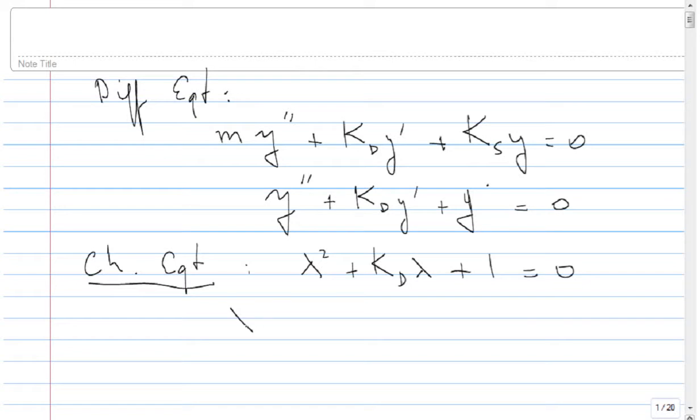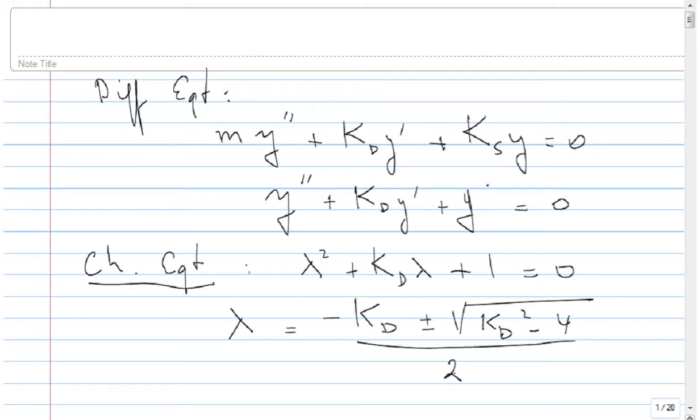The roots are, from the quadratic formula, minus kd plus minus square root of kd squared minus 4, over 2.